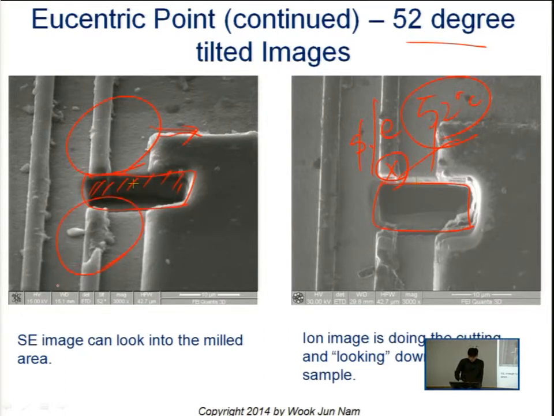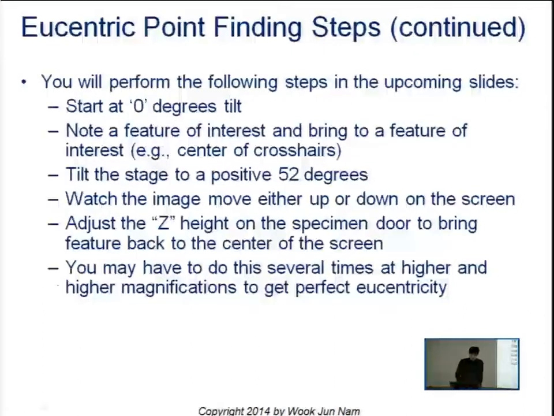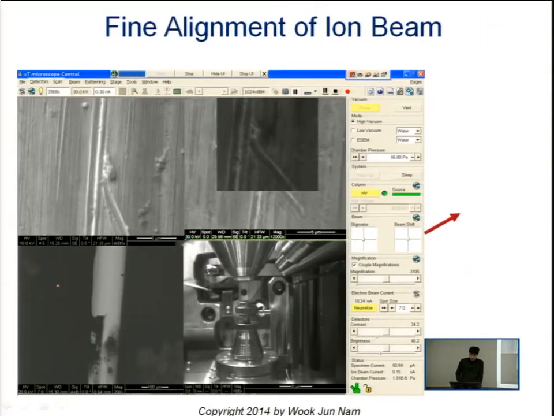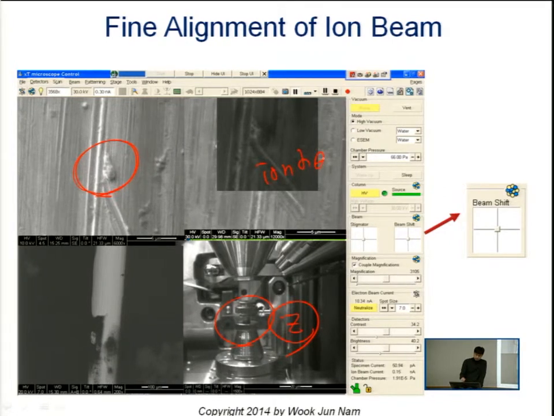We need to keep doing this process. So once we find some specific Z position of the stage which does not move these images as we tilt from 0 to 52, we check with the ion beam.